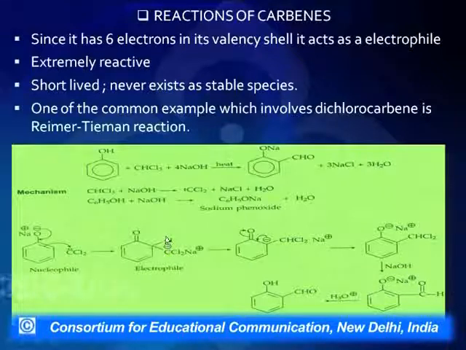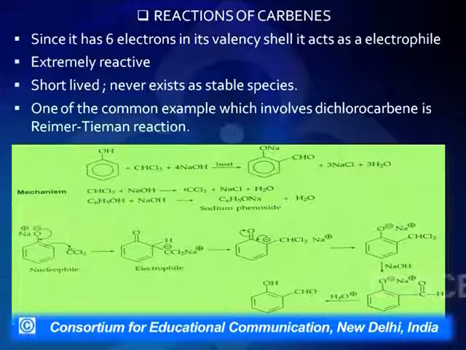In the next step, this H comes and forms a bond here, and these electrons go back into the ring, so here it has formed a bond and here we have a negative charge. Now this negative charge goes back into the ring and we get this structure. This is the dichloro structure, which on hydrolysis will give us salicylaldehyde. This is a very important reaction involving a carbene intermediate.